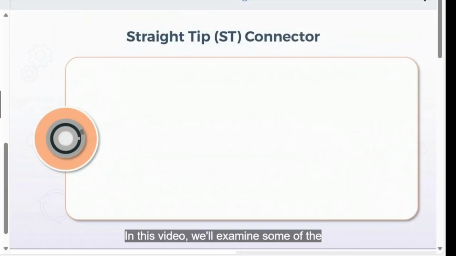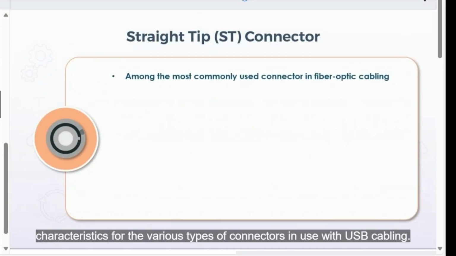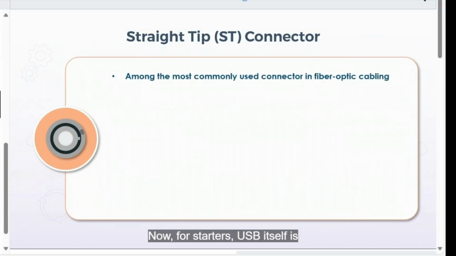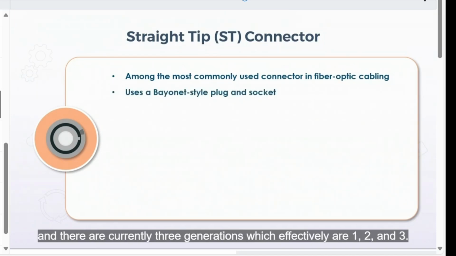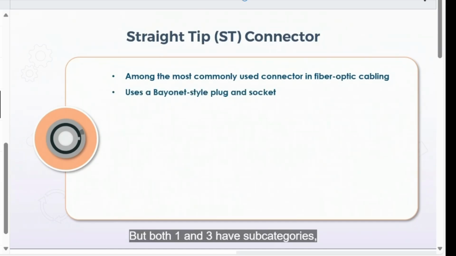In this presentation, we'll discuss the different types of connectors in use with fiber optic cabling, beginning with the straight tip or ST connector, which is among the most commonly used type of connector in fiber optics and uses what's known as a bayonet-style plug and socket due to the fact that it is inserted, then twisted to lock it into place.